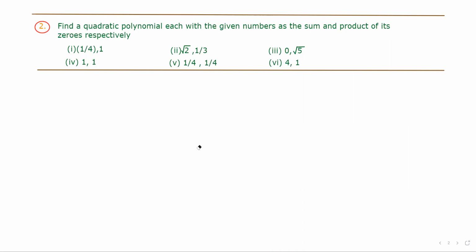The first value, 1 by 4, is the sum of zeros, and the second value, 1, is the product of the zeros of the quadratic polynomial. You have to find those quadratic polynomials. So let's start.